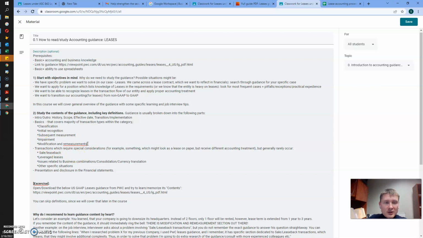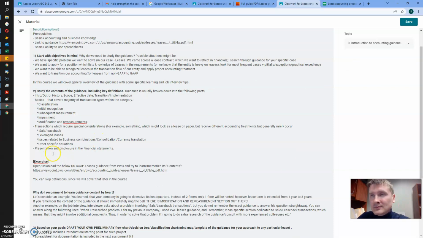Modification and remeasurements. What happens if we renegotiate the lease agreement with the lessor or with the lessee? What double entry can we have due to that?